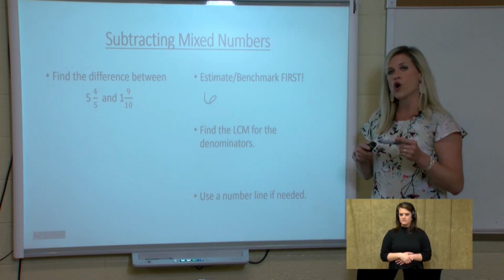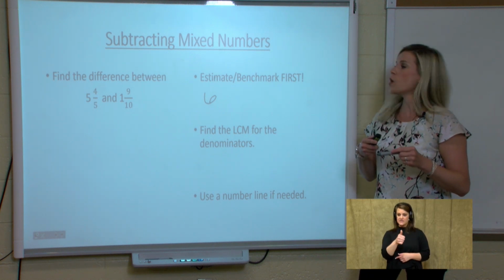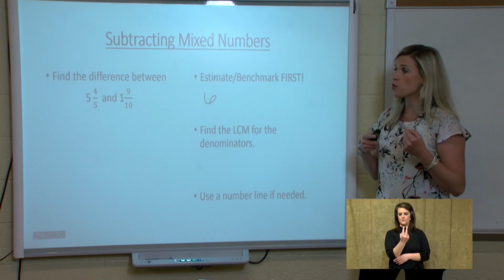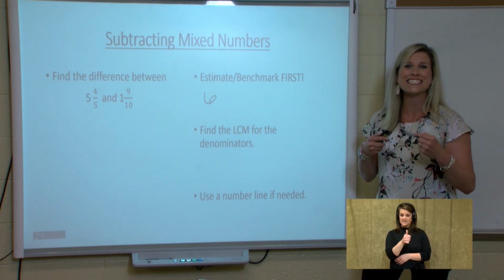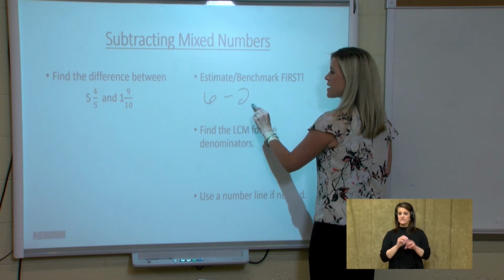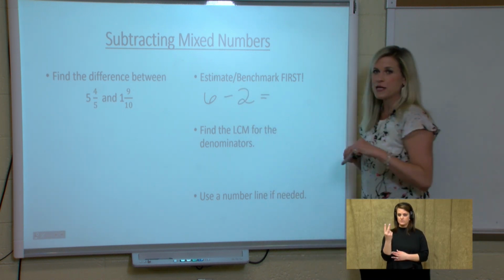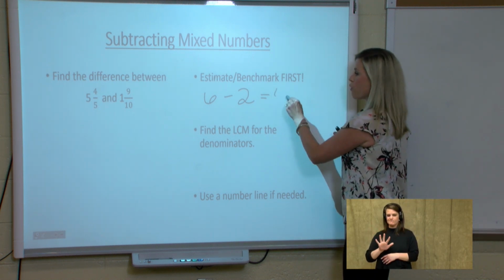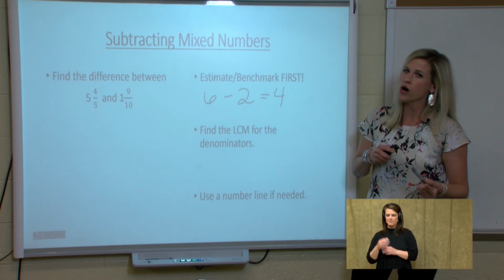And then I think of 1 and 9/10. 1 and 9/10 is very close to 2 because 9/10 is close to 10/10, which is 1 whole. So now I have 6 minus 2. So the difference should be around 4. Maybe a little less than 4, maybe over 4.